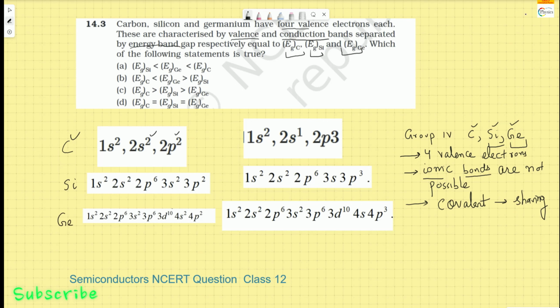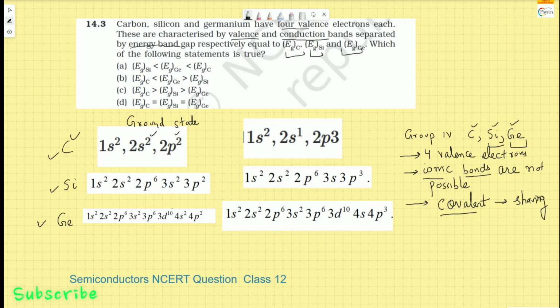The electronic configuration on this side is the ground state, when you have an individual carbon atom, silicon atom, and germanium atom. All of them will be in the ground state.